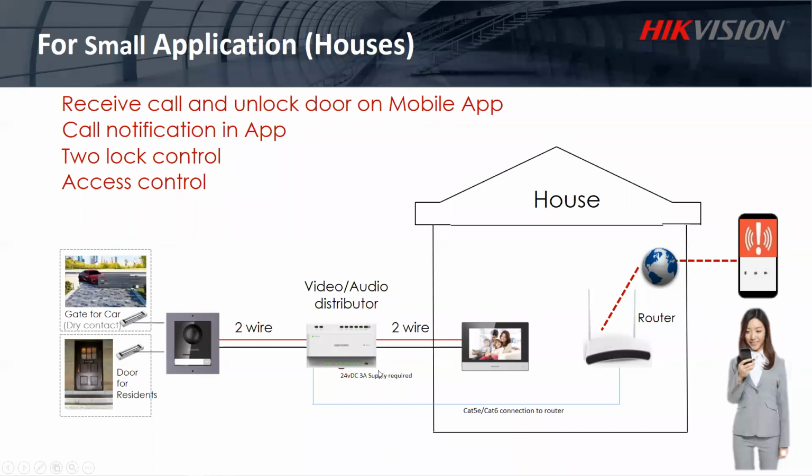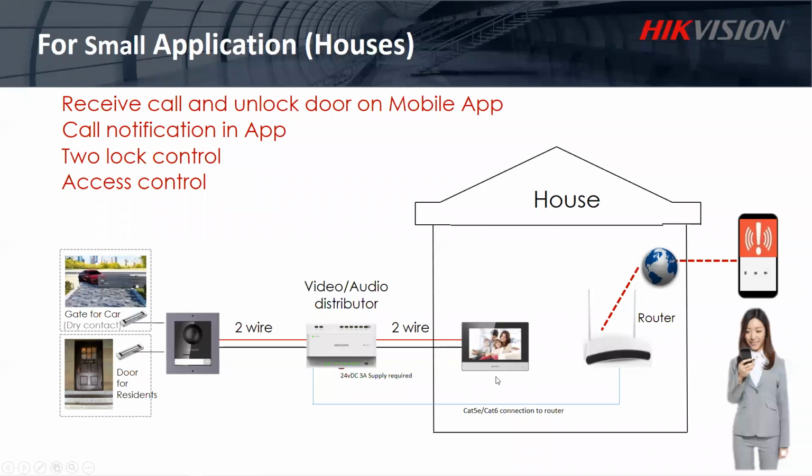As you can see here, this is the main door station, and depending on the application, it can be connected to the gate for your car or the door for your residents, or you can even connect both of them. Then you connect it by 2-wire to the distributor to transmit the video and audio and get power to the actual door station. And from the distributor here, you connect it to the router using a normal LAN cable.